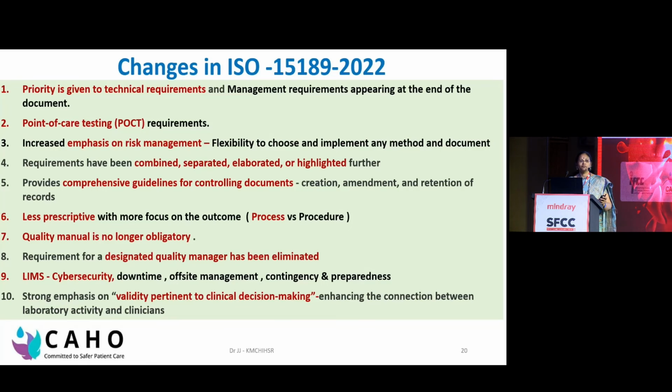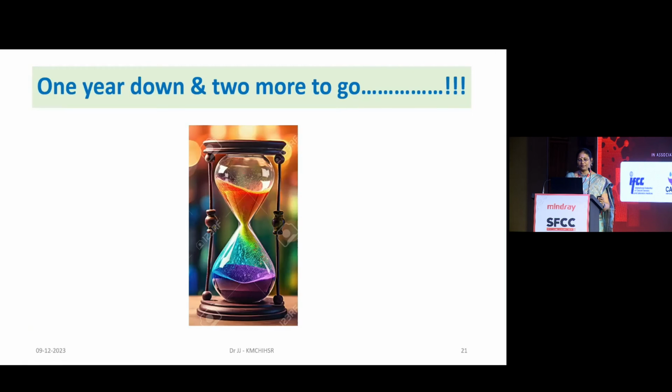The most important is a strong emphasis on validity pertaining to clinical decision making. This has been emphasized, enhancing the connection between the lab and the clinician who is sending the samples to us. That's what we've been talking about so much through the day: how important it is to interact with your clinicians to understand why lab tests are performing or behaving a particular way.